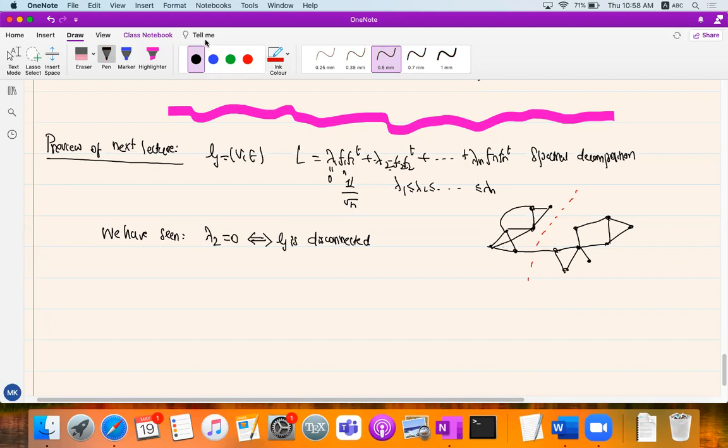Now the graph is no longer disconnected, right? I cannot say anymore that this is disconnected. Nevertheless, in some sense it is weakly connected. There is one group which is well connected here, and one group which is well connected here, but the connection between them is sort of weak.